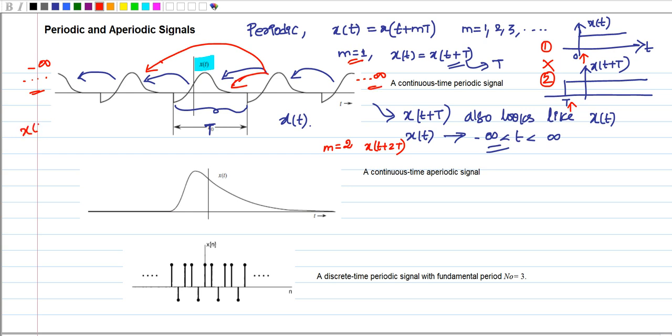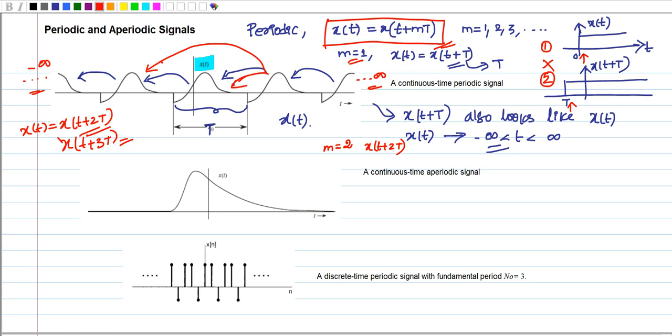I'll get x of t equal to x of t plus 2T. Similarly for x of t plus 3T, I'll get the same signal. So whatever signal satisfies the condition x of t equal to x of t plus mT, those signals are called periodic signals.